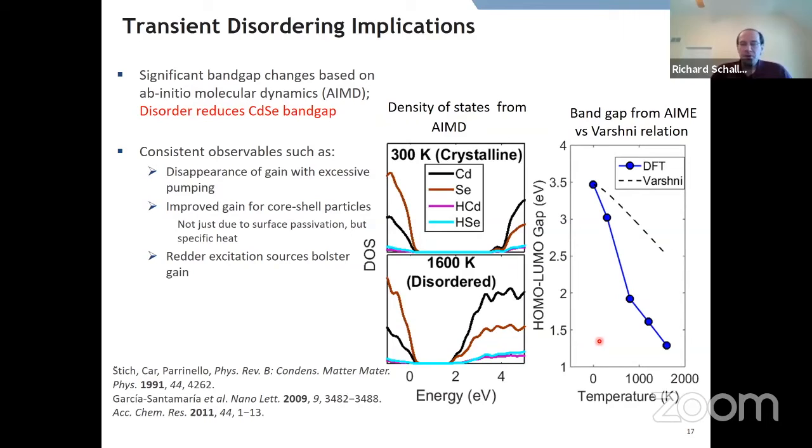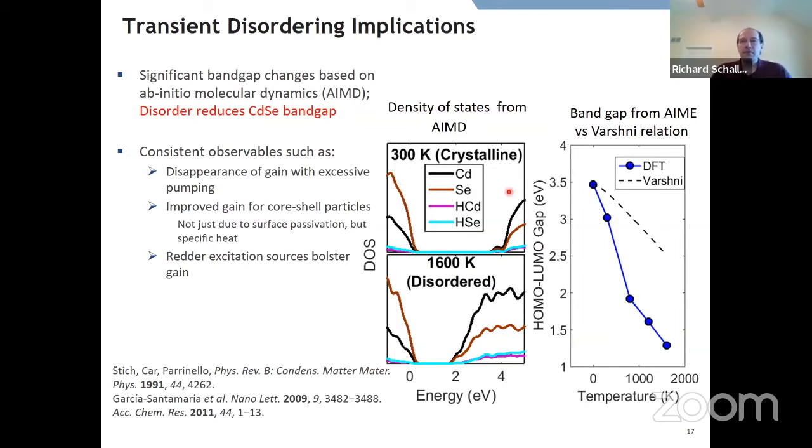So there's this question of, if you start to disorder your lattice, as shown by having a loss of total amount of diffraction intensity, what does that mean? And I don't want to say much about theory because I'm not central to this type of calculation.